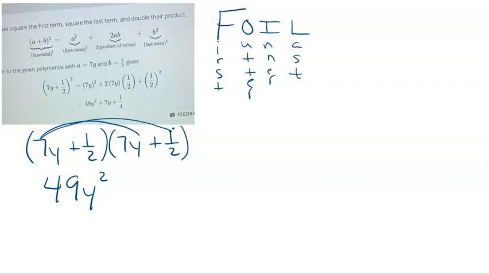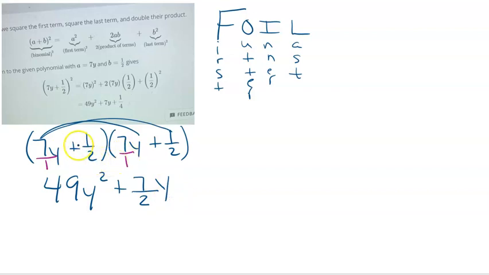I know these fraction ones are no fun, so what you might want to do is put your whole number over 1 here also. And so when I multiply 7 over 1y times 1/2, I'm doing 7 times 1 is 7. And then 1 times 2 is 2 in the denominator. And then the y just carries along. Did you follow that okay?